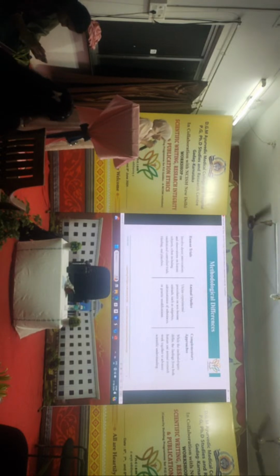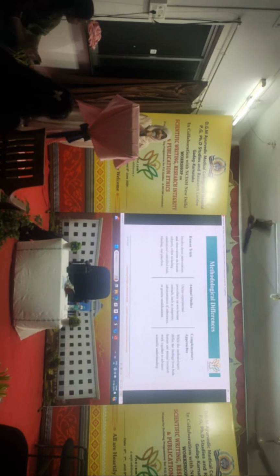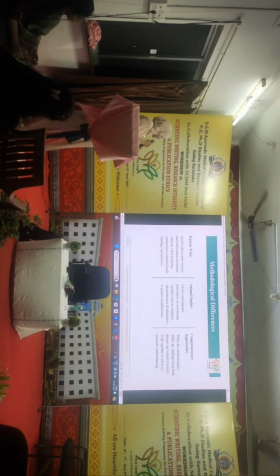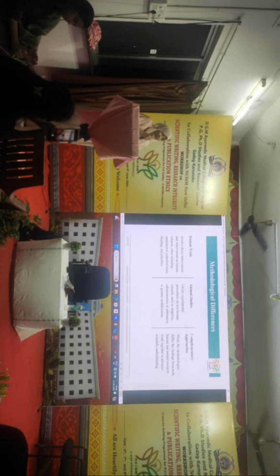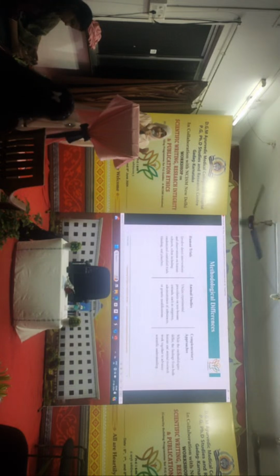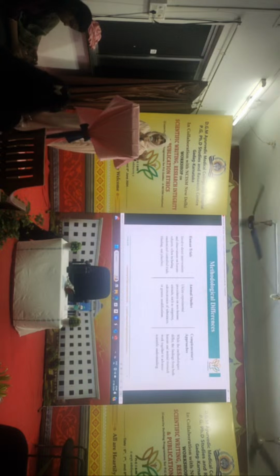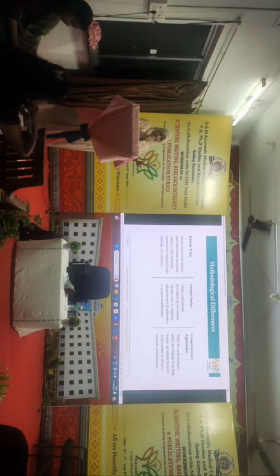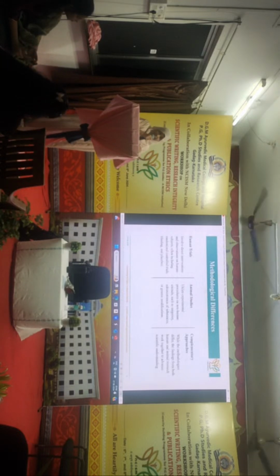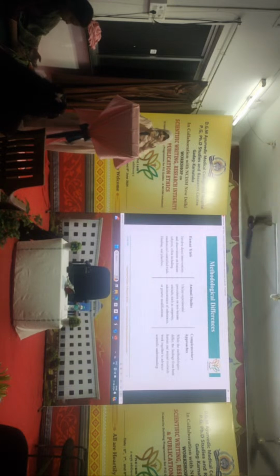Now the human trials. Human trials involve direct interventions. It is usually a safety trial. For example, randomized controlled trials, blinding, placebos. Either you can go for an RCT with a placebo and a test drug or standard drug, or a randomized comparative trial, where you test two drugs at a time in two groups with an equal sample size.